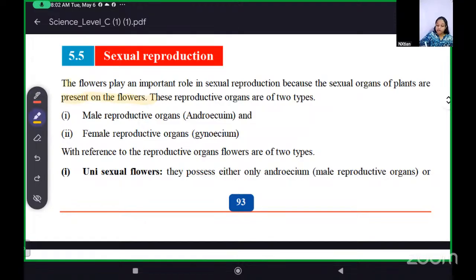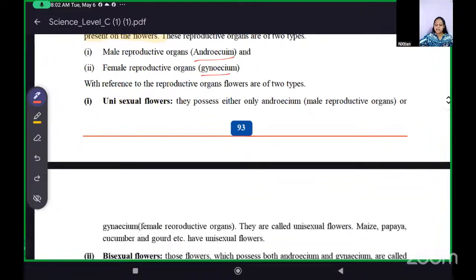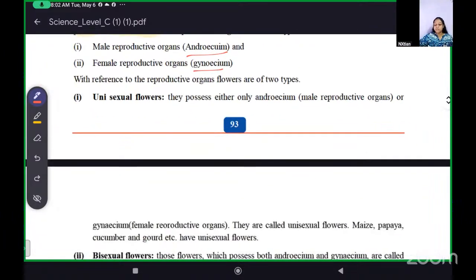They are of two types: male reproductive organs, which are called androecium, and female reproductive organs called gynoecium. With reference to the reproductive organs, flowers are of two types.